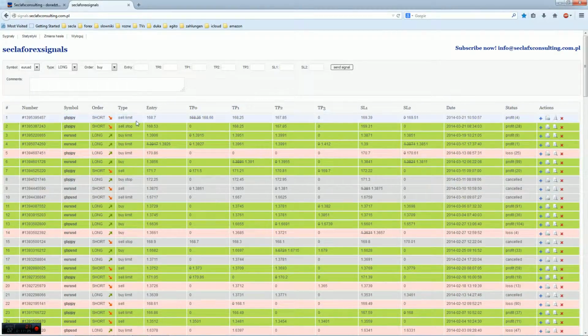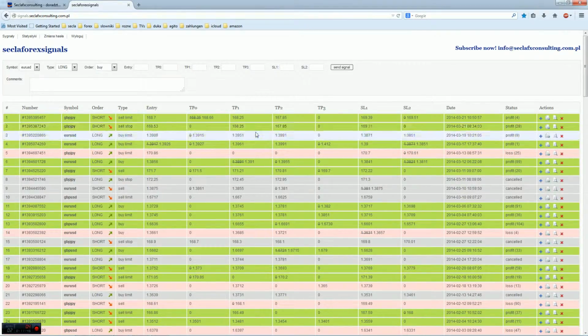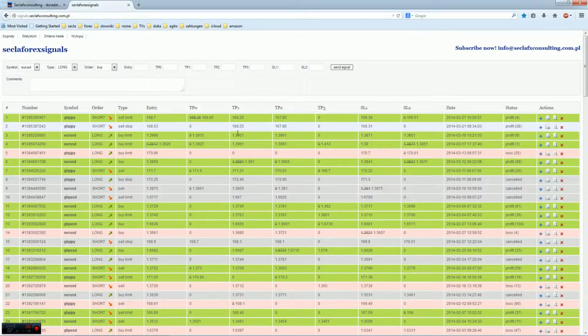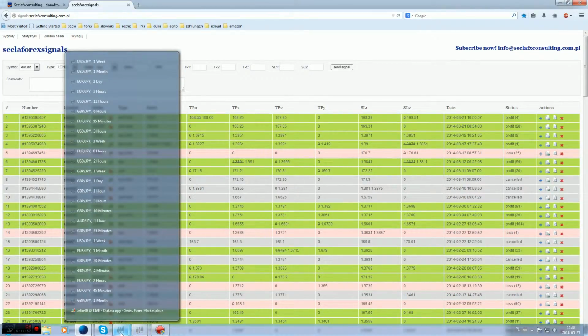The first one, a sell stop, went smoothly, hitting the take profit straight away. And the other one, an additional one, needed some more time, and finally I closed it.